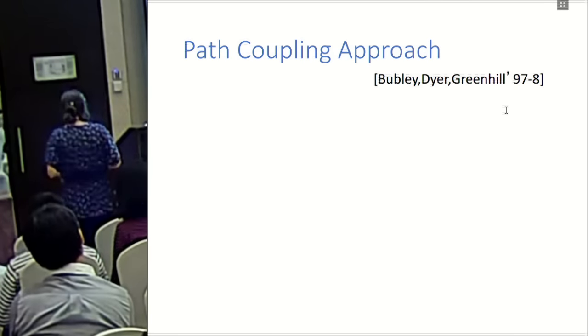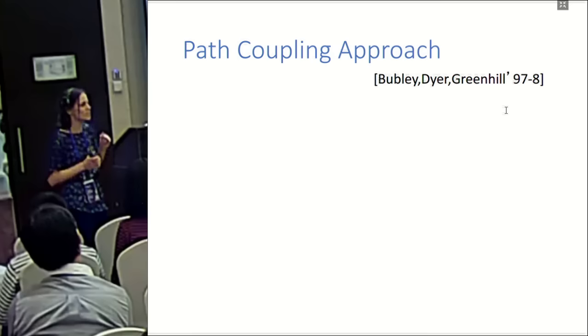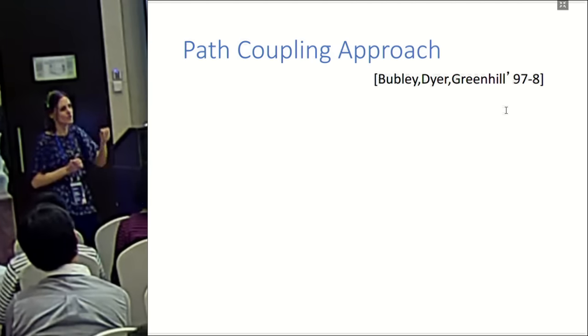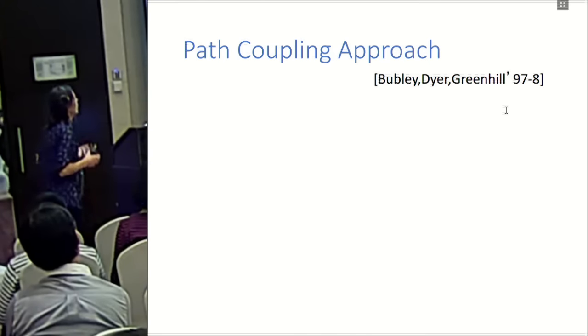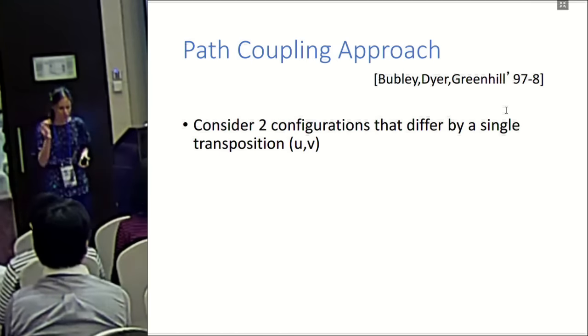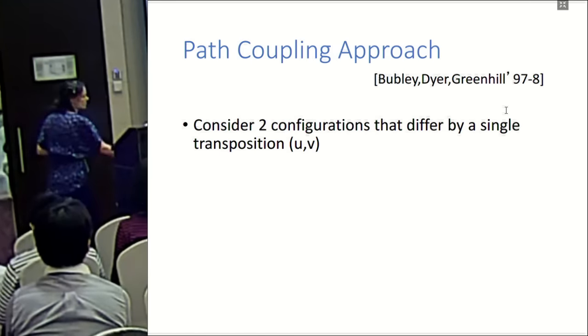And then we're going to simulate our process on those two different permutations. And the time that it takes until our process meets gives us a bound on the mixing time. OK, so when we apply this in our setting, we consider two configurations that differ by a single transposition.